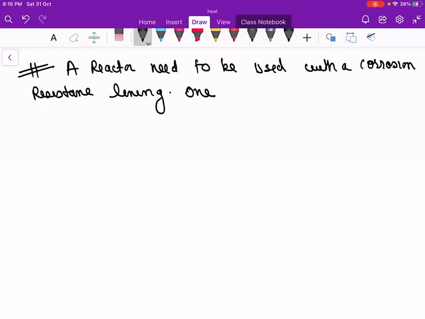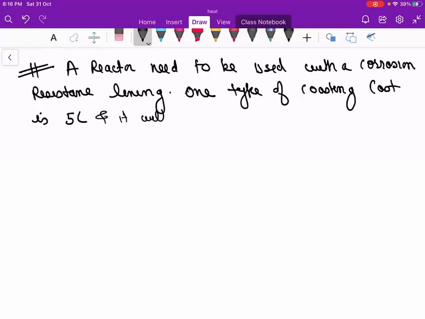One type of coating costs 5 lakh and it will last 2 years.